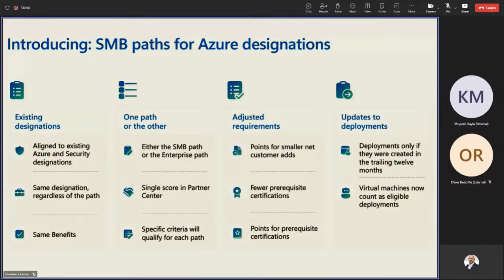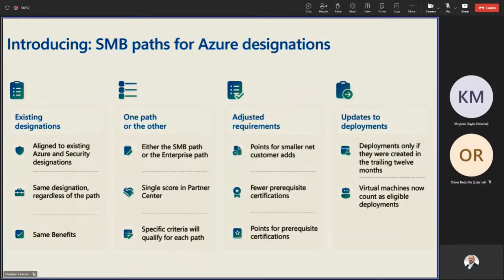So what they did is said, okay, we're going to have 2 paths. One is called the enterprise path, which is basically whatever they're doing today, whatever's in the portal today. But you can qualify to be an SMB partner and go down the smaller path, which basically says we've adjusted the requirements. We've lowered the requirements for net customer adds, we've lowered the skilling requirements, and we're also allowing points for prerequisite certifications.